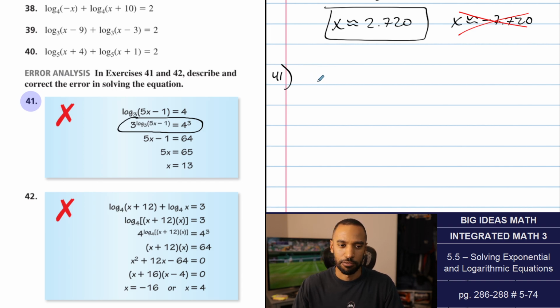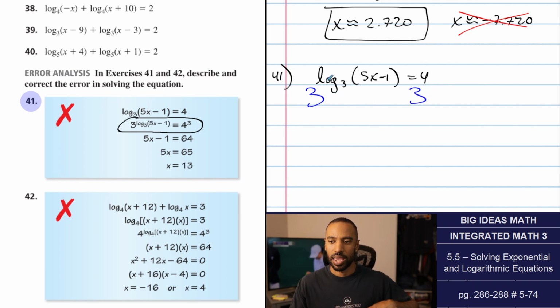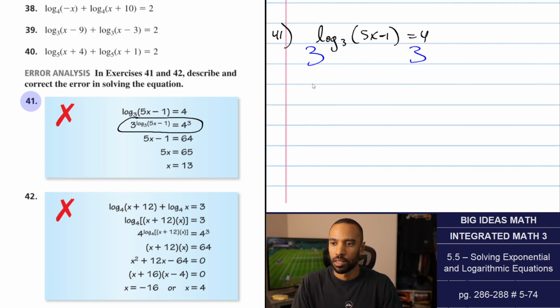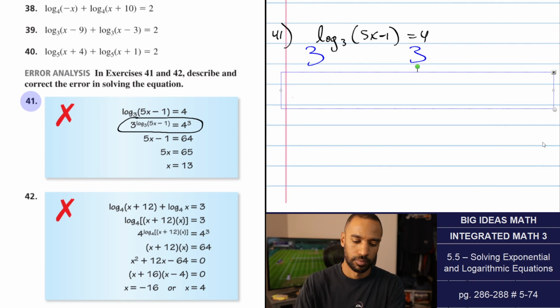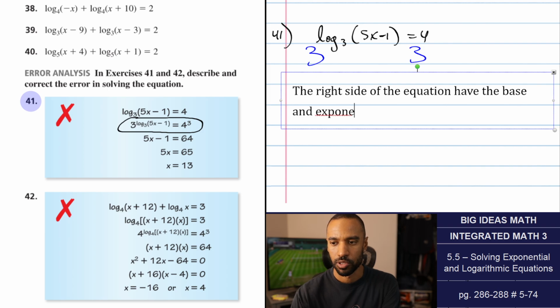But I'm going to write it first and then I'll describe it. What they're attempting to do is raise these as exponents with a base of 3. The problem is the right side of the equation doesn't have a base of 3. They have the base and exponent swapped.